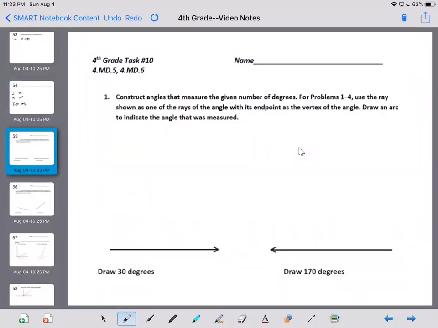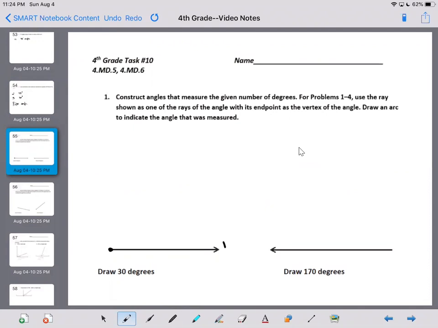So task 10 is going to be more of constructing angles given the number of degrees. So if I want to draw a 30-degree angle, then I want to think about using the protractor to do that. And so I would set the middle of my protractor here, and then I would measure.